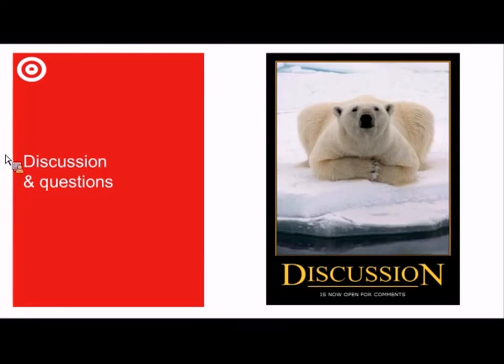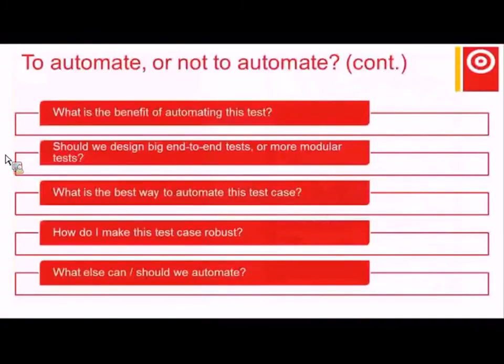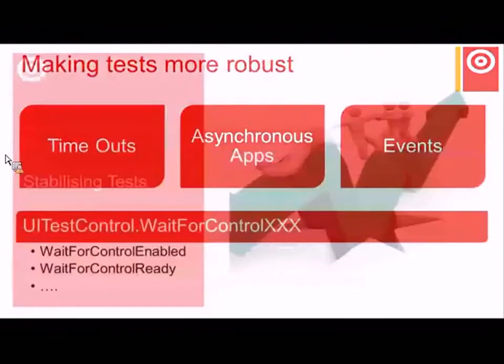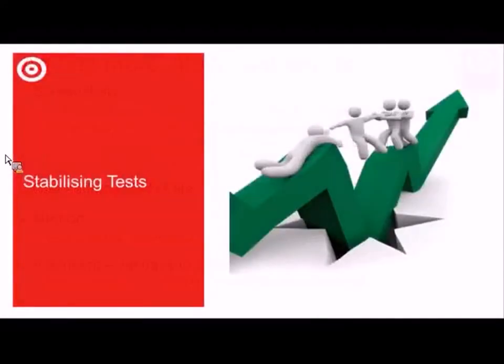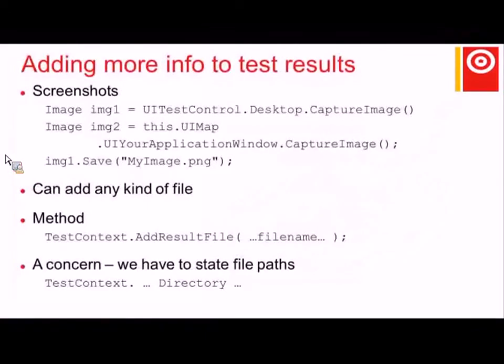I apologize, I've forgotten the precise name. But that method, which I showed you on one of my previous slides, here we go, add result file. This add result file method will attach the file into the results of the particular test run, and so the saved image won't be overwritten each time you run the test.